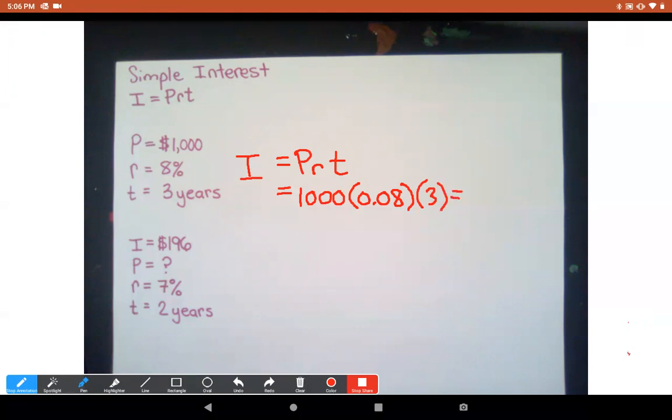This is equal to 1,000 times 0.24, or 240. So the interest for number 1 is $240.